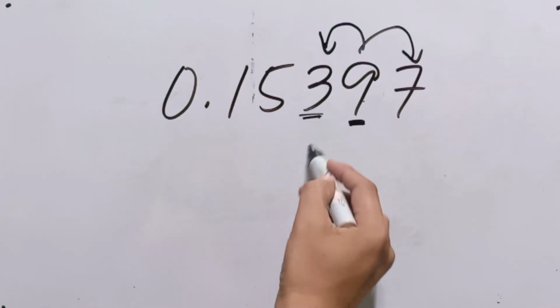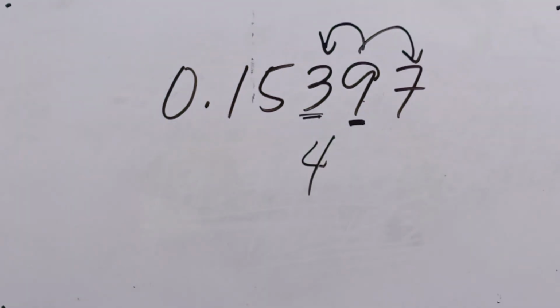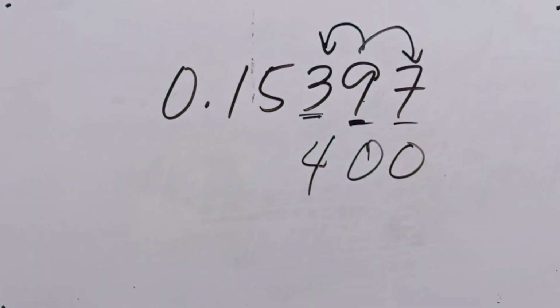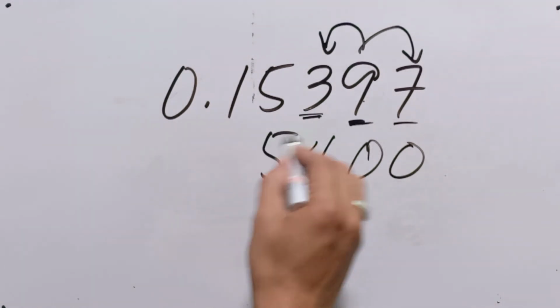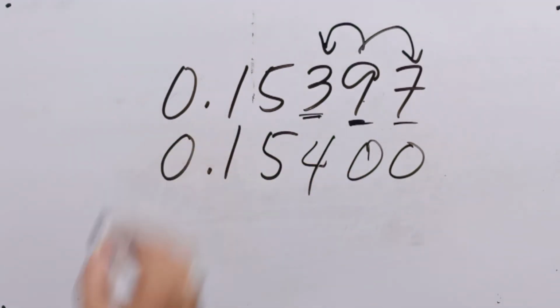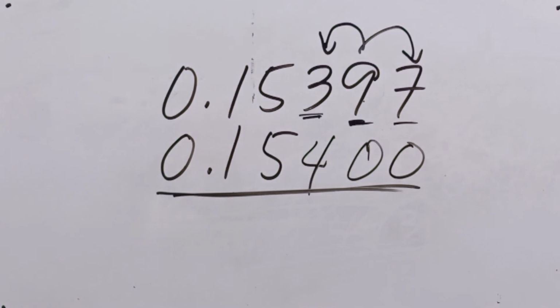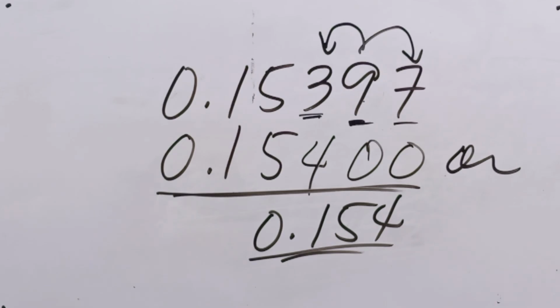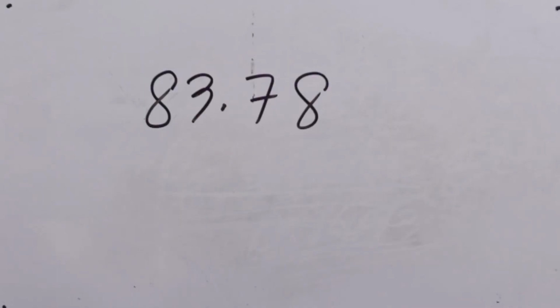So the 3 becomes 4. Then these 2 become zeros, and the left digits and the decimal point remain. So remain the 5, the 1, the decimal point, and the 0. So we have 0.15400, or if you remove the 2 zeros, so we can also have 0.154. Correct.